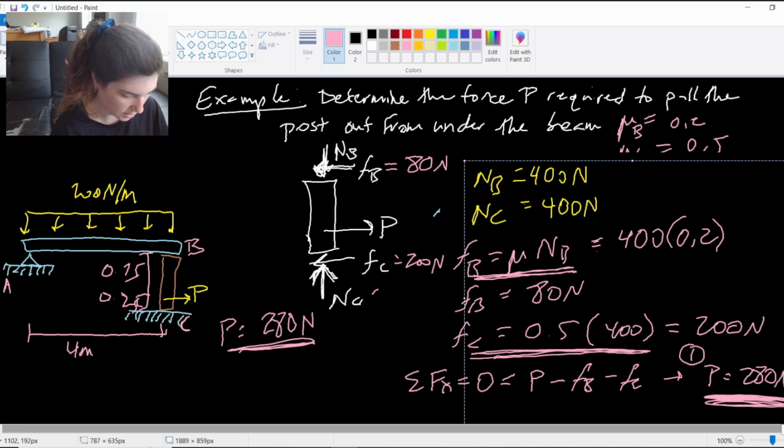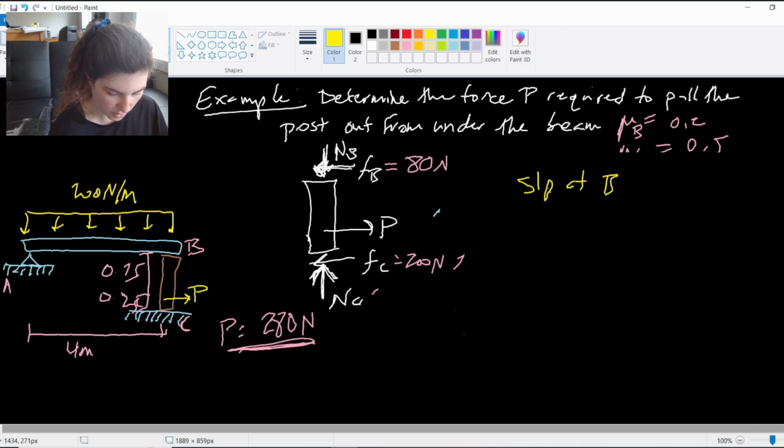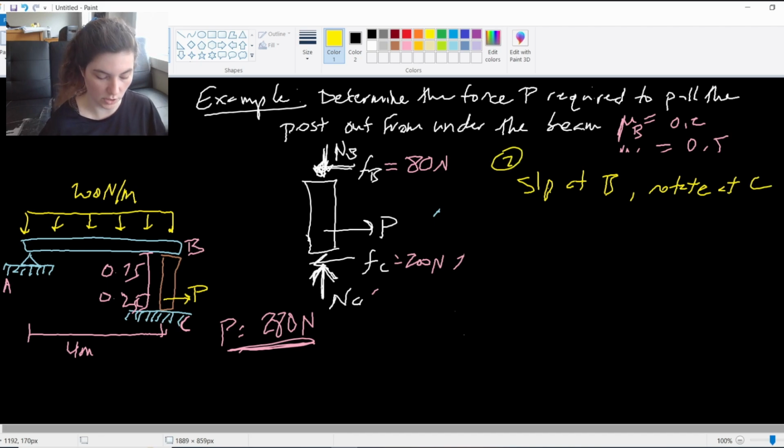And I'm going to go ahead and look at my case of slip at B, rotate at C. This is the second case we'll look at.